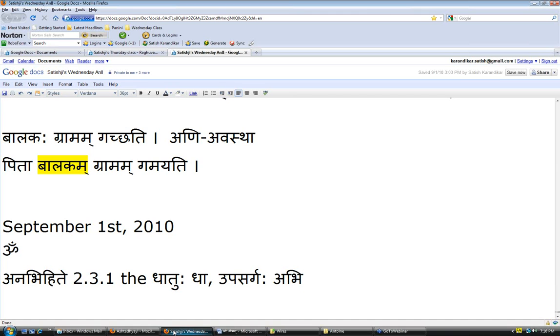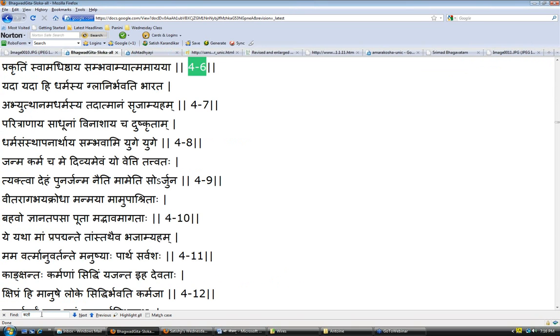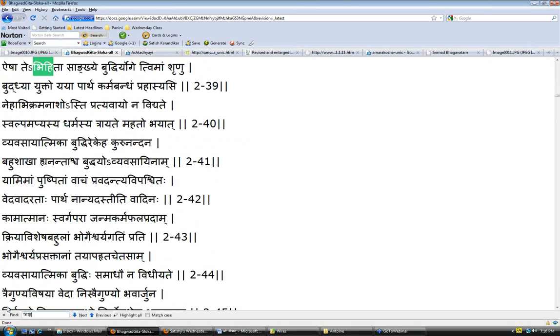Esha te abhihita sankhye buddhir yoge tvimam shrunu, buddhya yukto yaya partha karma bandham prahasyasi. If you search for abhihita, you can find this in the Gita. Here it is, it's 2.39 in the Gita. It's a very useful tool that we have now.